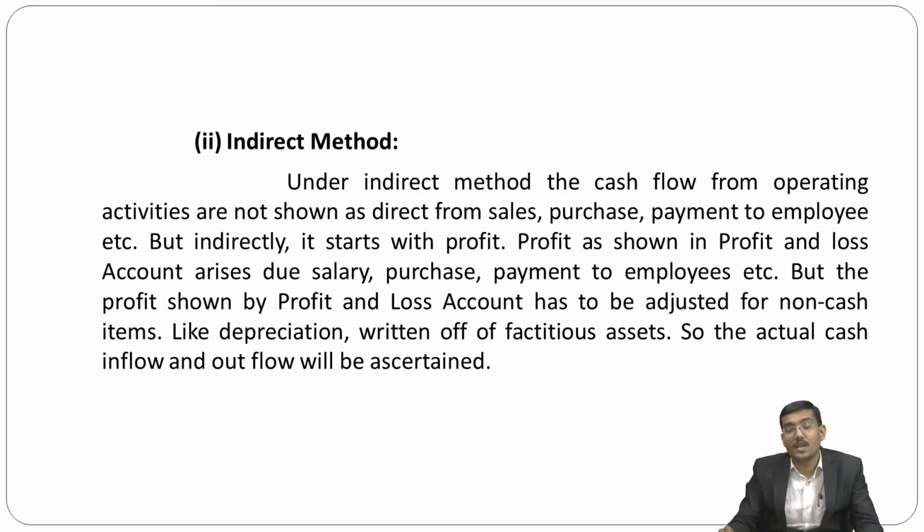But the profit shown by the P&L account, that is the profit and loss account, has to be adjusted for non-cash items like depreciation and written-off fictitious assets. So the actual cash inflow and outflow will be ascertained in a particular manner.